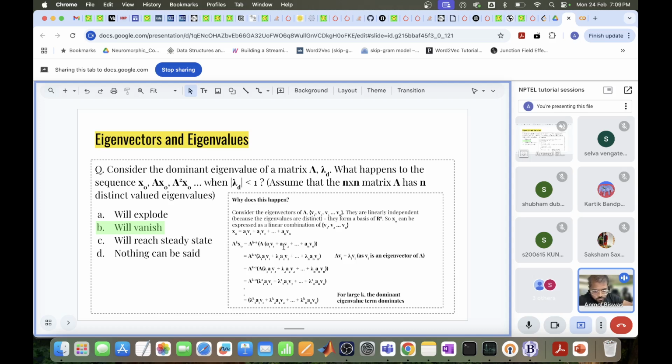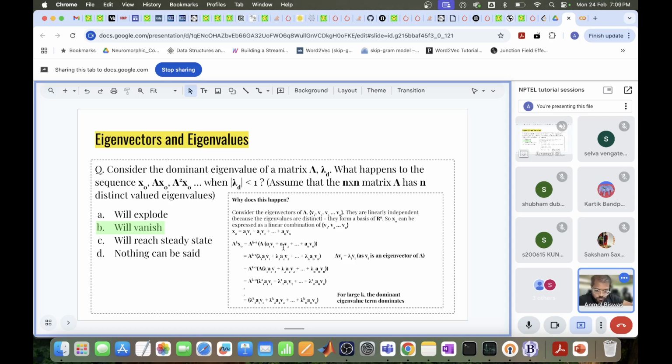And then when you use the distributive property of matrix multiplication, you can apply this multiplication with A to all of these different vectors separately. So you distribute this multiplication with A over this sum.